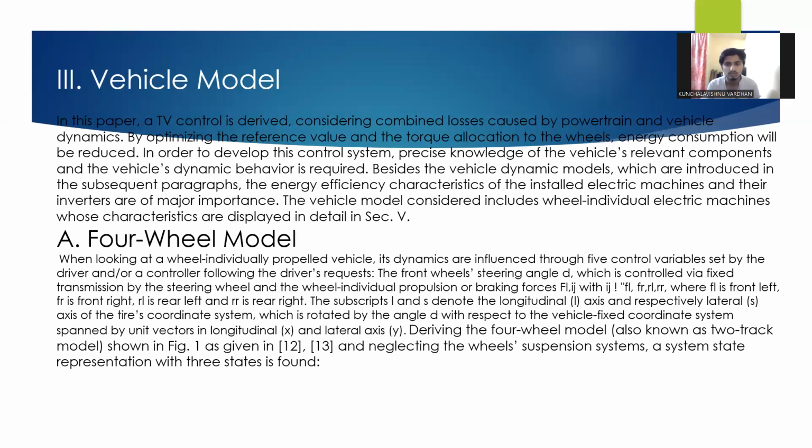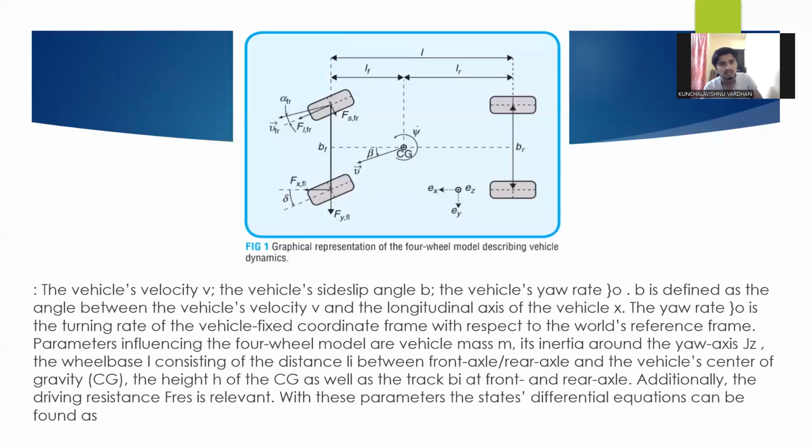Here the four-wheel model, also known as two-track model, shown in the figure, exhibits the vehicle's system set up with three states: the vehicle velocity V, the vehicle's side slip angle β, and the vehicle yaw rate. β is defined as the angle between the vehicle's velocity V and the longitudinal axis of the vehicle X. The yaw rate is the turning rate of the vehicle fixed coordinate frame with respect to the world's reference frame.